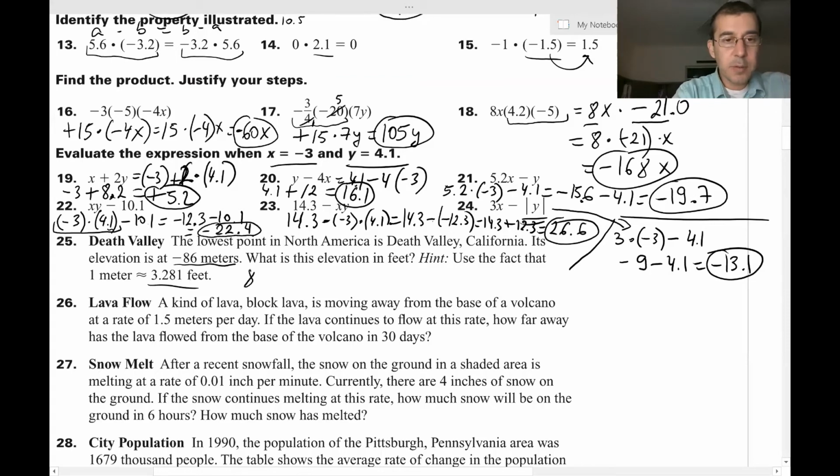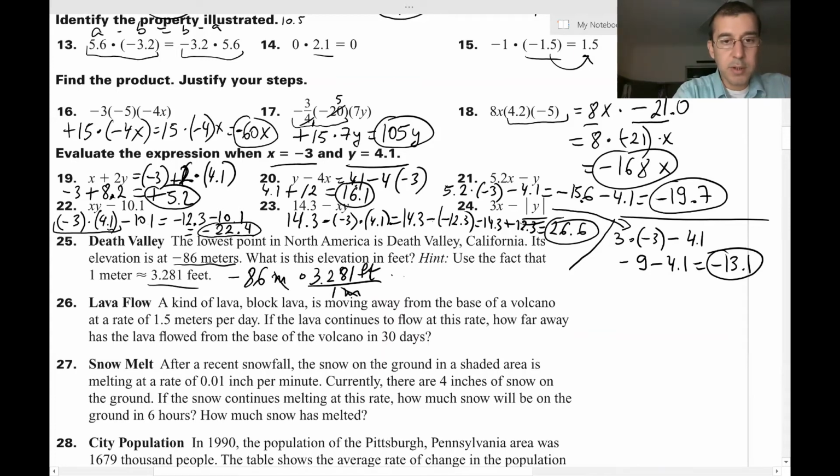So we just have to multiply the minus 86 meters times 3.281 feet, because 1 meter has this many feet.